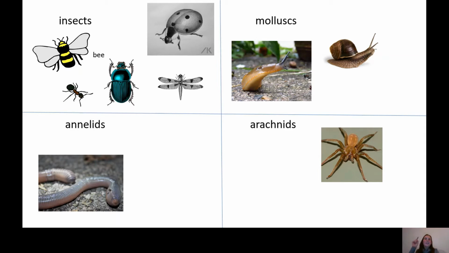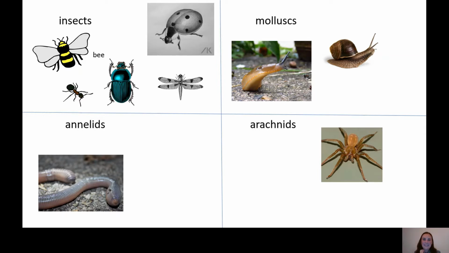So, mollusks have soft, unsegmented bodies. They live in water or in damp places, and a lot of them have shells. Not all of them, because remember our slug doesn't have a shell, but a lot of them do have shells.